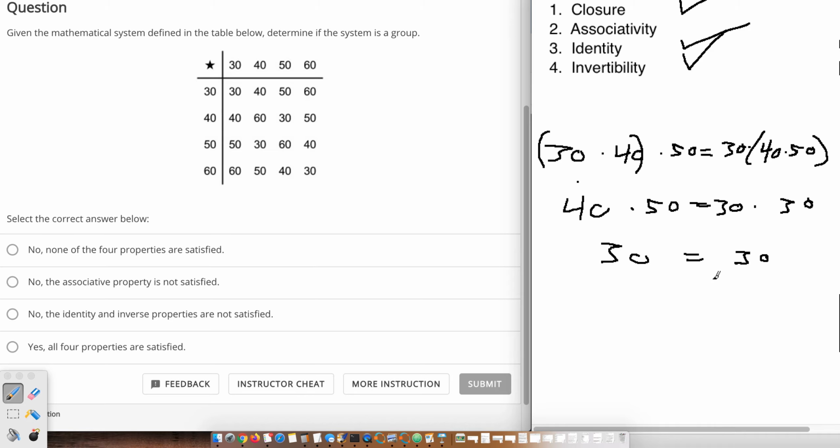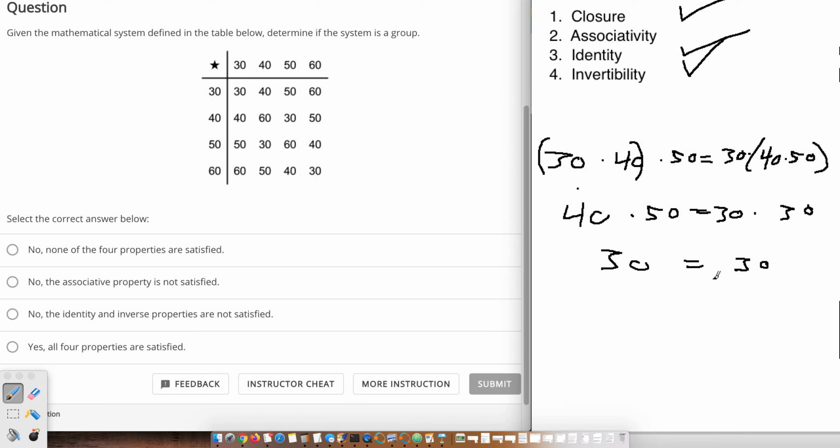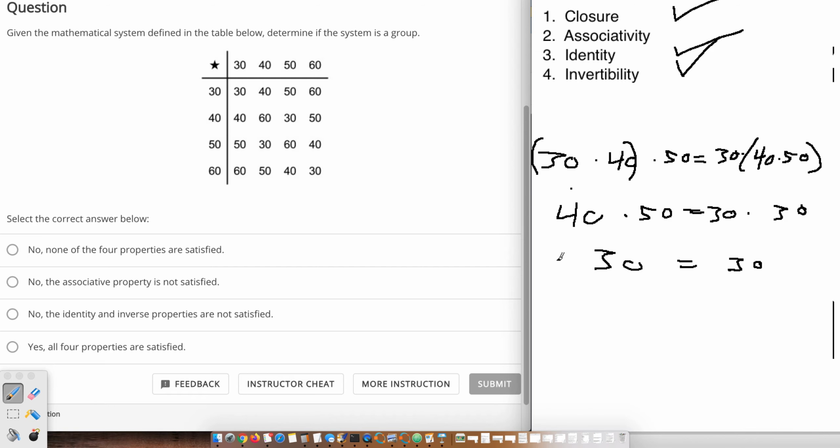Let me see what I can do. Instead of trying to check every single possibility with associativity, let me see what I can find. Because you'd have to check every single element.